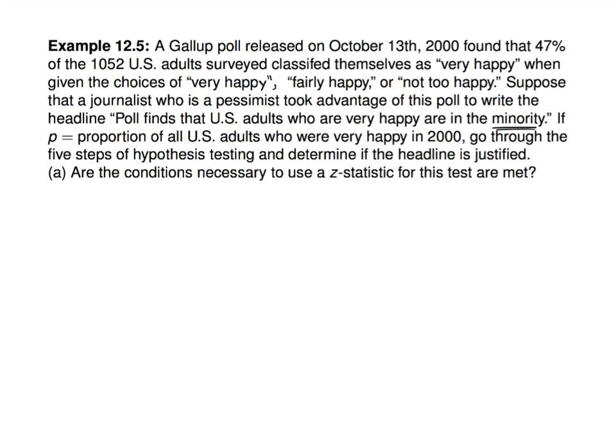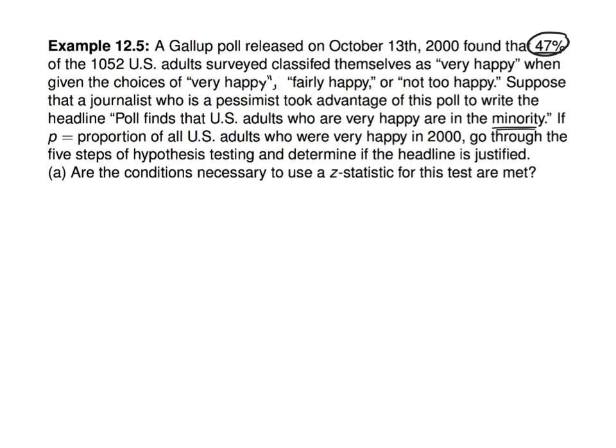That's a little bit misleading because probably there are some people who are fairly happy too. So in general, the happy people probably are more than 50%. But anyhow, let's see what the confidence interval for this 47% is, and we'll see if this is actually justified.